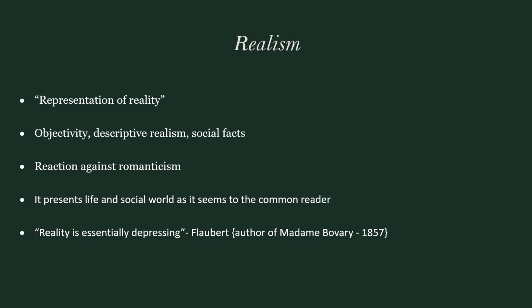In romanticism, we have seen that the writers have their own freedom of imagination and creativity. They could go to any extent to give life to their characters in their own way. It need not always be the real world.